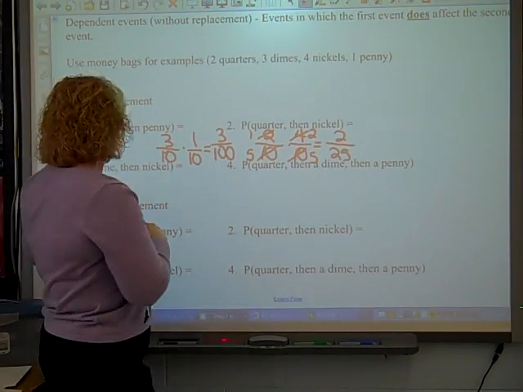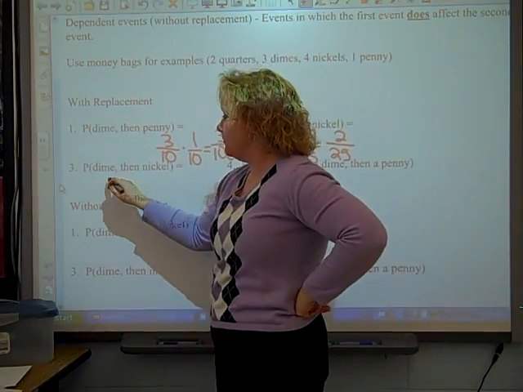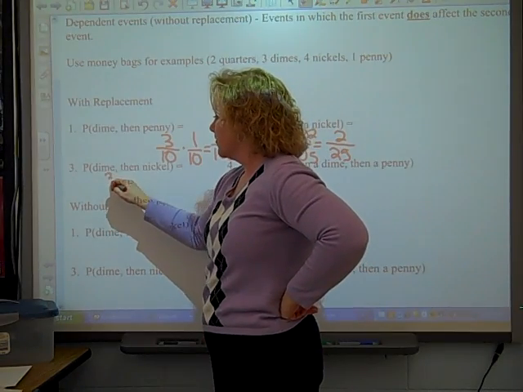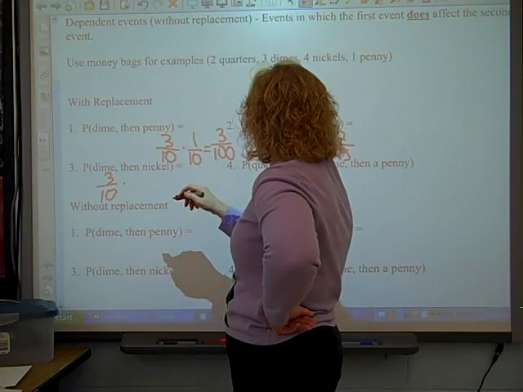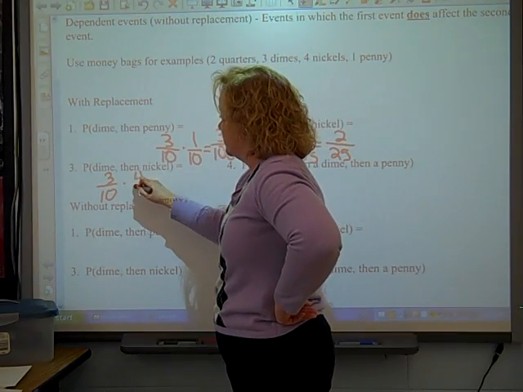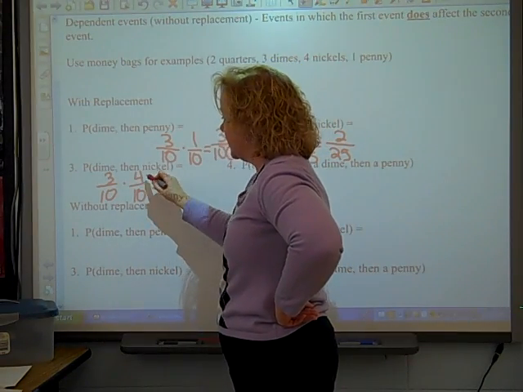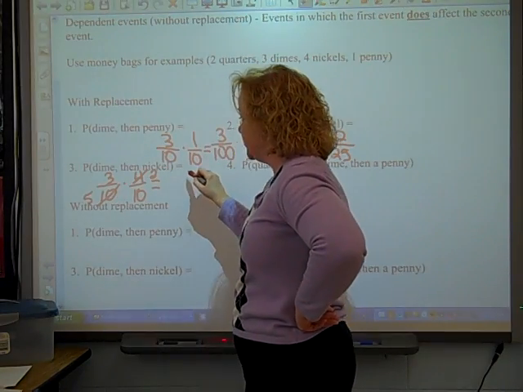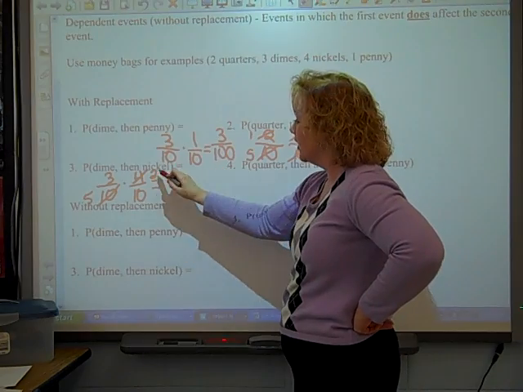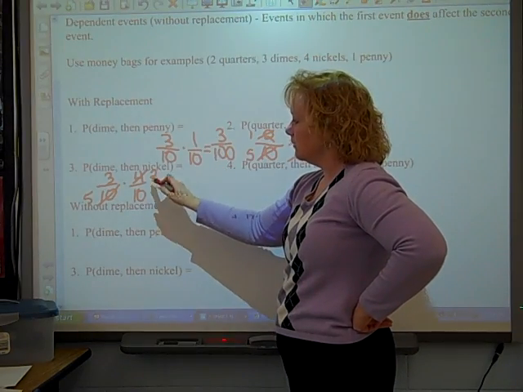Do we get the idea? What's this one? Probability of a dime is what? 3 out of 10. We have 3 dimes out of 10. We replace it. Then what's the probability of a nickel? 4 out of 10. Again, I'd probably reduce here, a 2 and a 5 again. Could I reduce again here, my 2 and my 10?